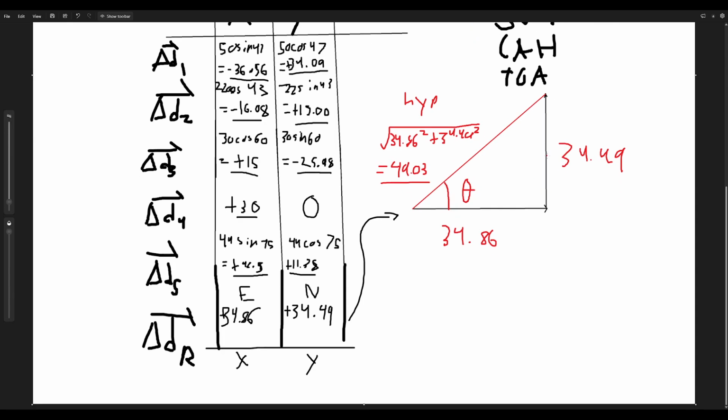Anyway, that will tell you about the direction when we find this angle. We'll call it theta, and because the angle is touching this line, this would be the adjacent. This would be the opposite. Now that we have those, to find the angle, we can use TOA, which is inverse of tan, opposite over adjacent.